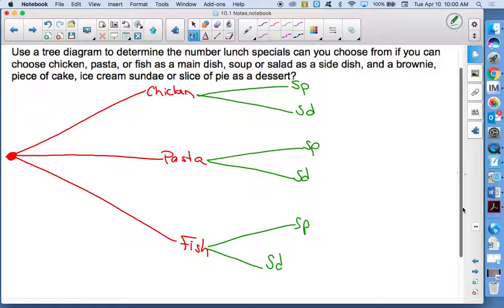And then Virginia, one more time. Split into 4 for the brownie, the cake, the ice cream, and pie. Very good. So then each one of these soup or salad options branches off into 4 more dessert options. And again, I'm abbreviating here: brownie, cake, ice cream, pie.